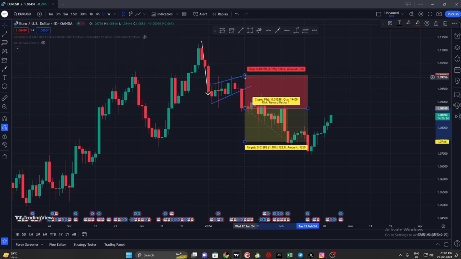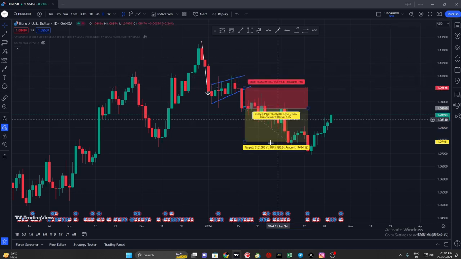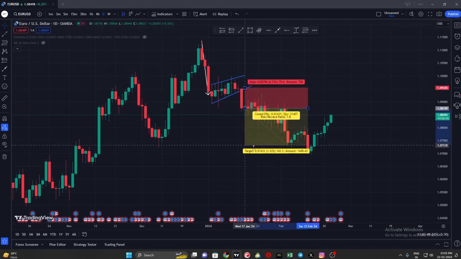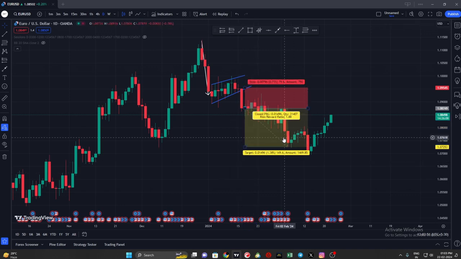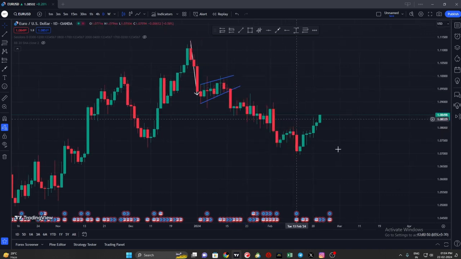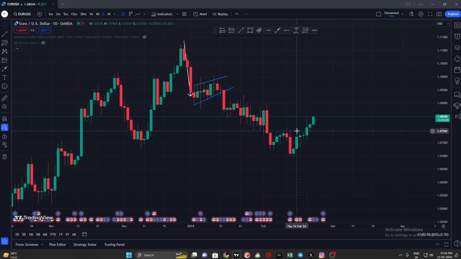If we take a trade, SL at the top of the candle and TP at the bottom, and we are done. So in the daily chart, this kind of setup, this rally base rally or drop base rally, anything, works amazingly.